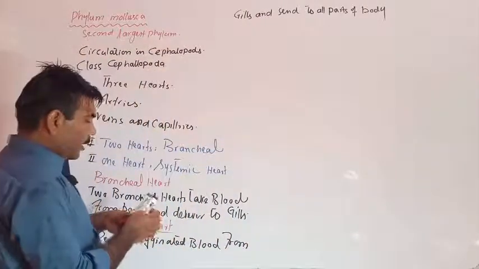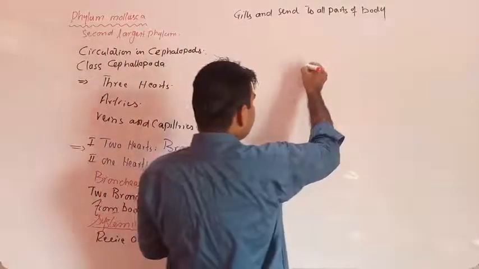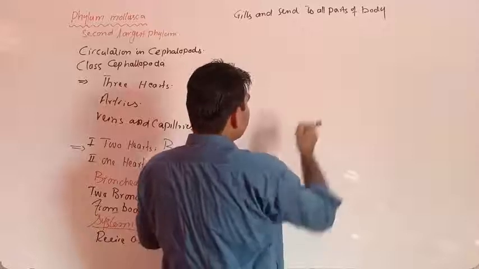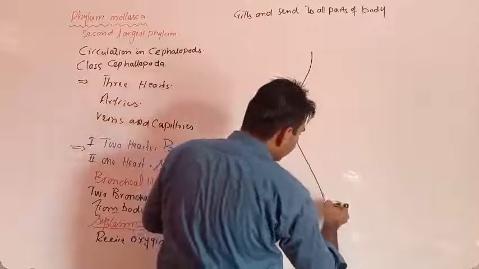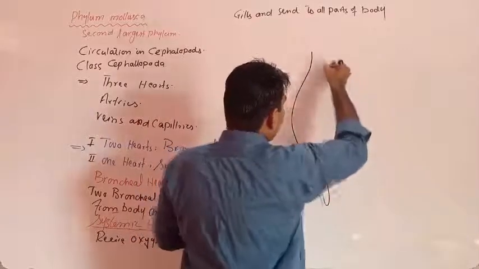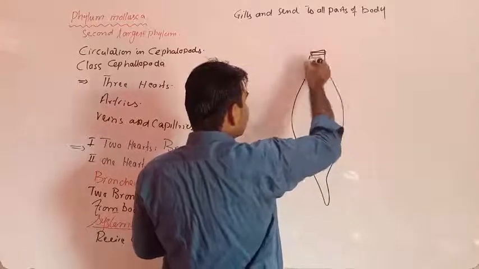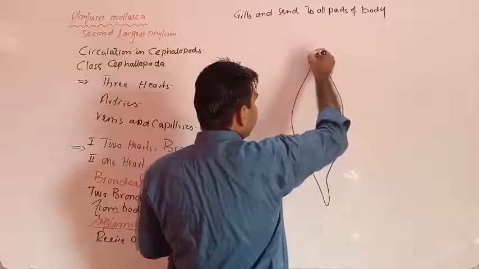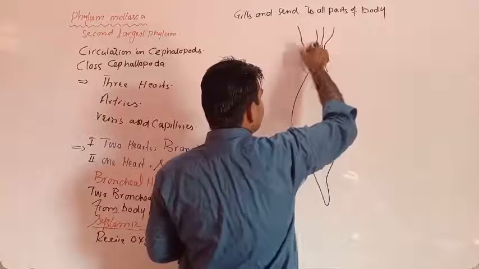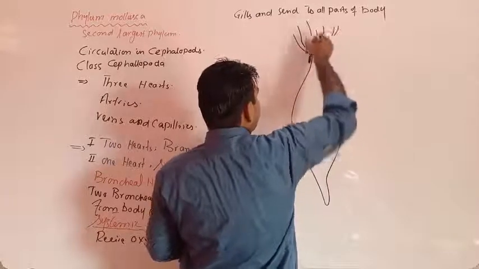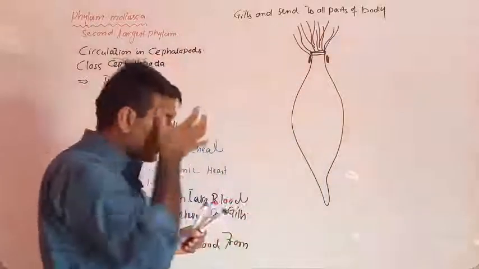So this whole process we will show with the help of a diagram. For example, this one is an animal, we call it a cephalopod. These are the eyes of the cephalopod, and these are the tentacles, and the function of these tentacles we discussed in the previous lecture.